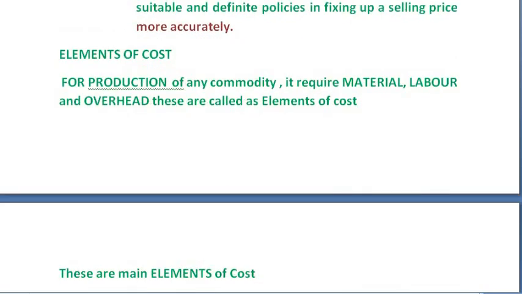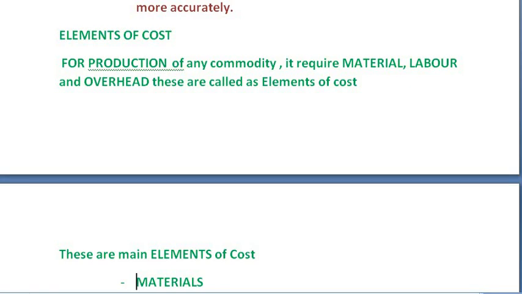The next one, we are going to see about the elements of cost. When you say elements of cost, when you are manufacturing a product, definitely we are involved with different components. One is material, number two is labor, and number three is expenses.